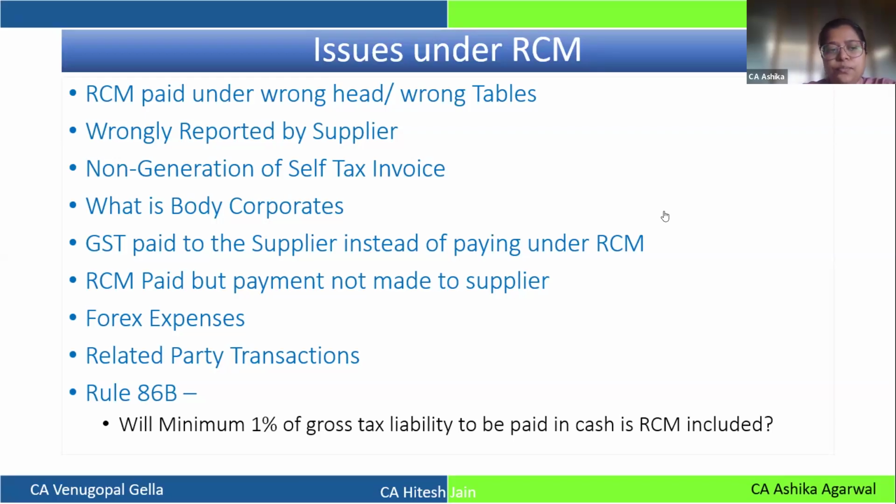So be careful. Now, there can be an instance where you were liable to pay tax under RCM. However, your supplier has collected GST from you and paid it to the government. In such a scenario, if you have identified the error and you have time to rectify it, then go ahead and rectify it.